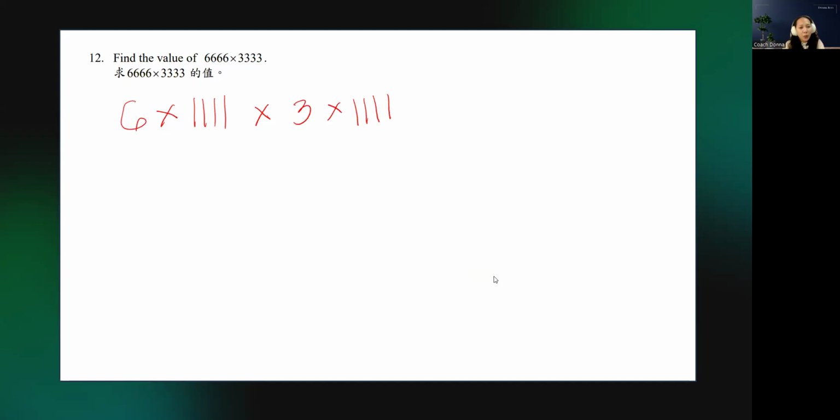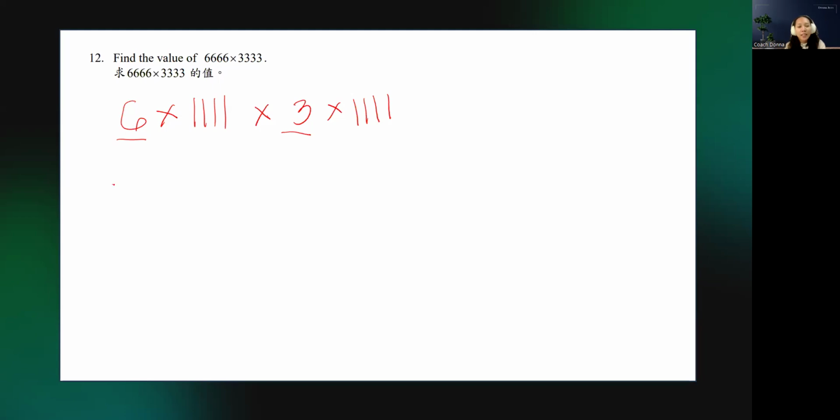So in situations like this, you can actually re-express this 6 times 3 as 6 times 3 is 18, right? But we preferably want to have a number in terms of nines.